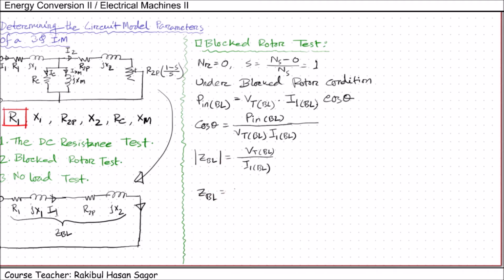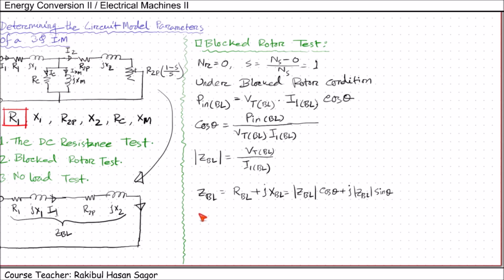Z_BL can be written as R_BL, the total resistance under blocked rotor condition, plus j X_BL, the total reactance under blocked rotor condition. So this can be written in this form. If we know the magnitude of Z_BL, we can write Z_BL cos theta plus j Z_BL sin theta.